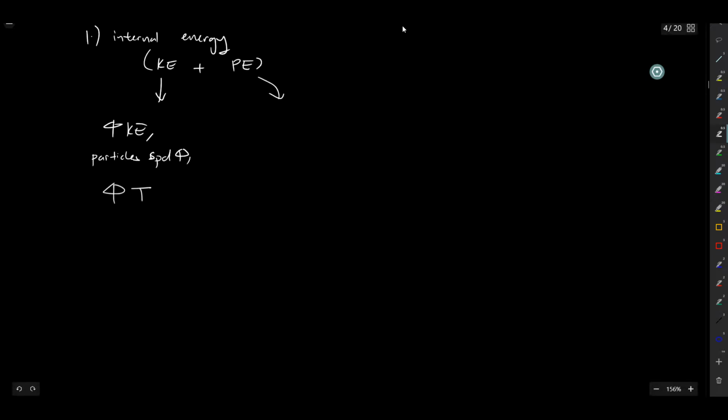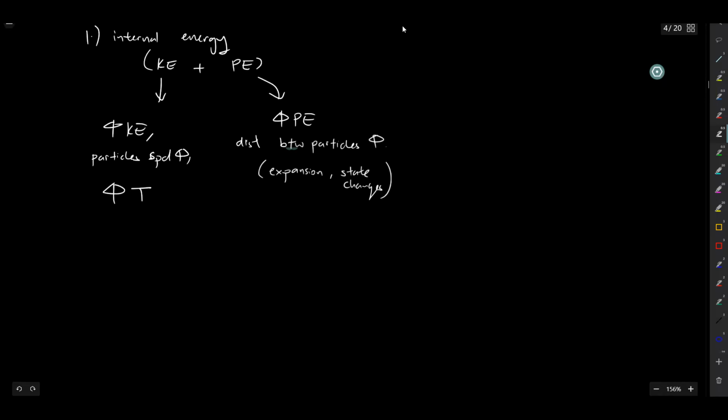PE is about how far they are apart. To have higher PE, the distance between particles must increase. This includes expansion and also state changes.